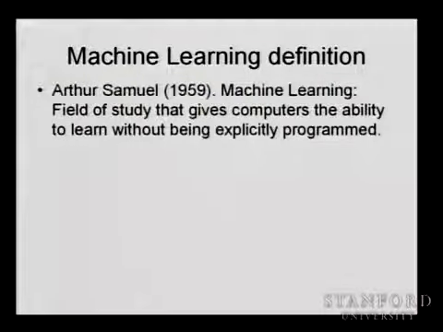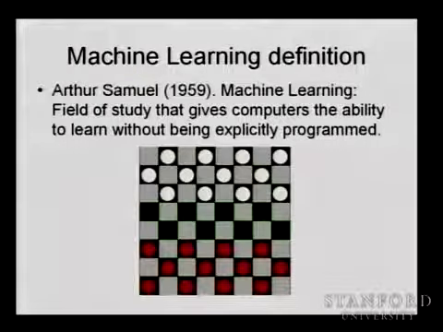Way back in about 1959, Arthur Samuel defined machine learning informally as the field of study that gives computers the ability to learn without being explicitly programmed. Arthur Samuel actually did something very cool: he wrote a checkers program which would play games of checkers against itself.